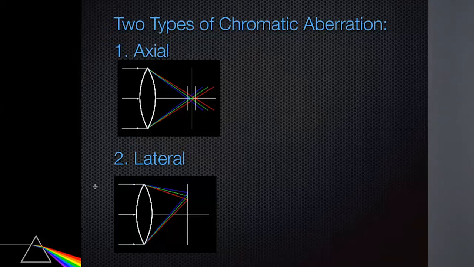Lateral is a little bit different, where all three are focusing at the right place, but the distance away from the optical center is different. So imagine the center of your sensor out towards the corners, the red, green, and blue light are not quite landing together the way that they should. So that's axial and lateral.